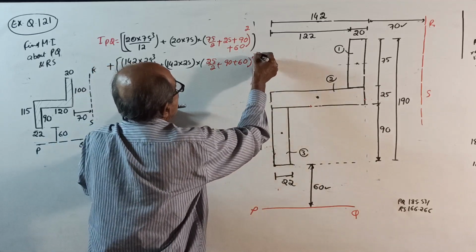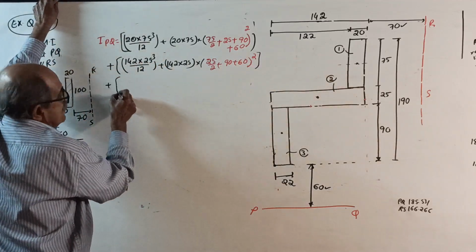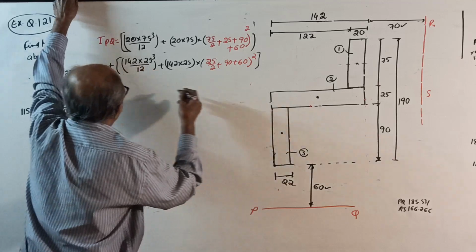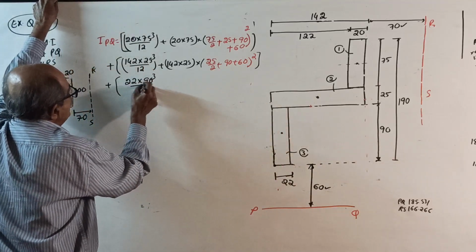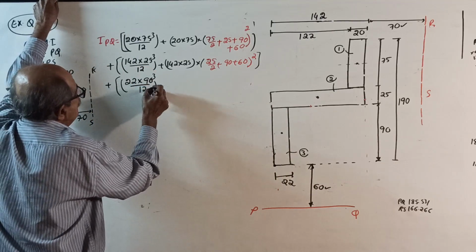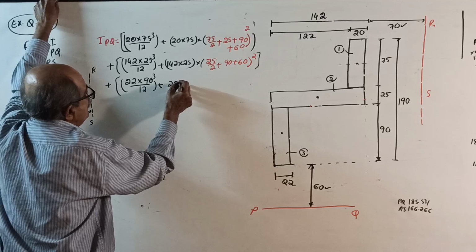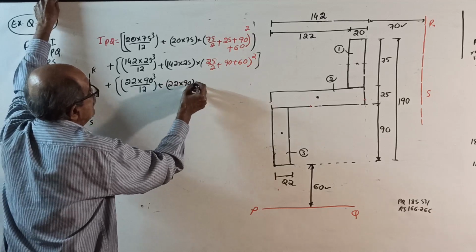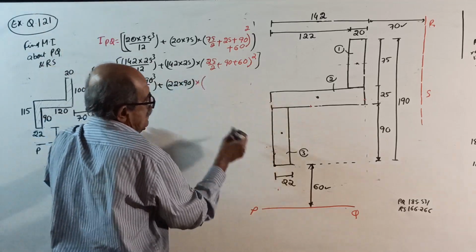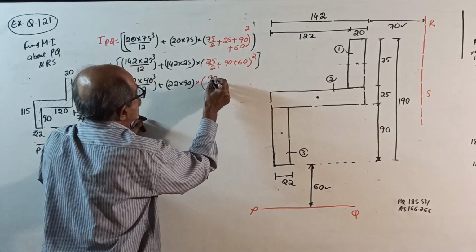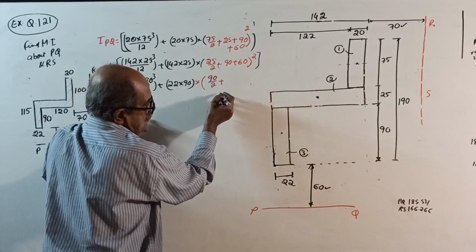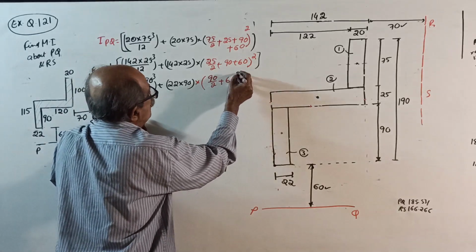Second one also over. Plus last one: 22 into 90 cube by 12, Ig, plus area 22 into 90, into the distance from here to here, 90 by 2 plus 60, whole square.